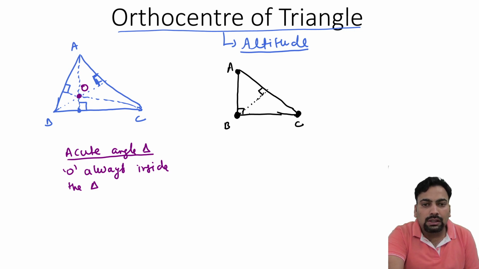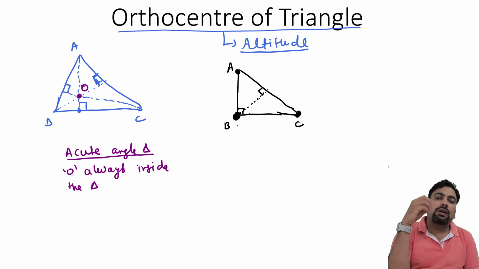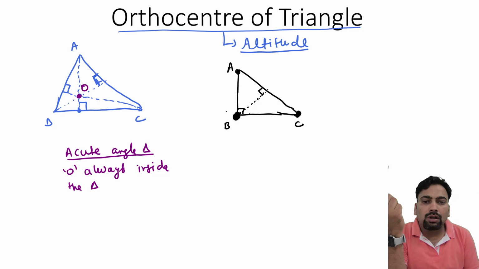So all these three altitudes intersect at the point B. It means in a right angle triangle, where is your orthocenter? The orthocenter is at the point B, where the triangle is 90 degrees.